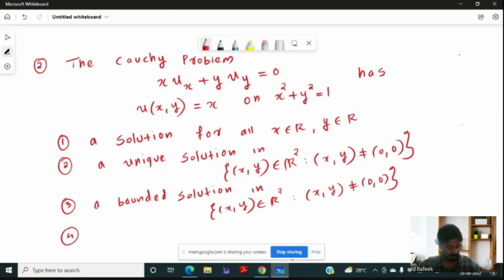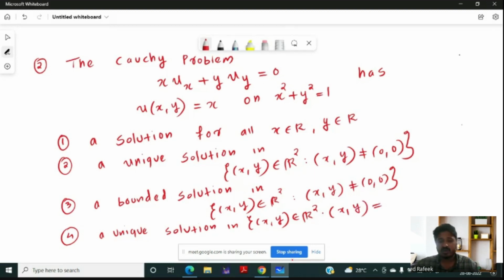Option 4, a unique solution in the set of ordered pairs (x, y) belonging to R² such that (x, y) is not equal to (0, 0), but the solution is unbounded.